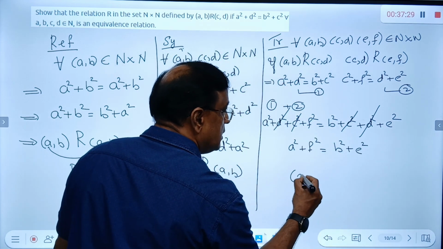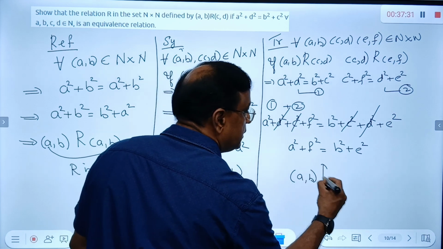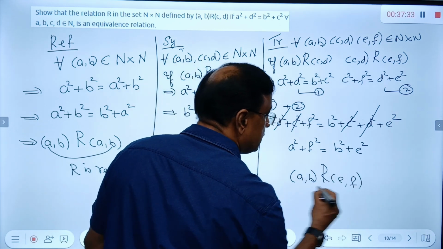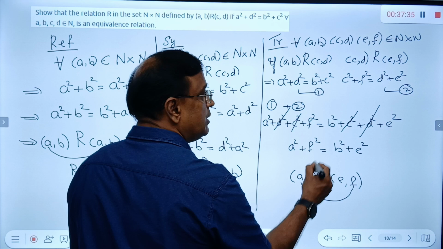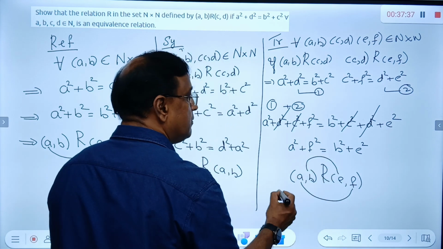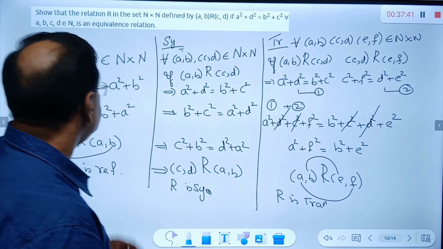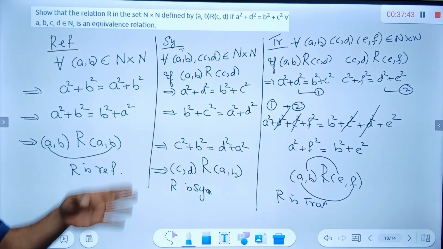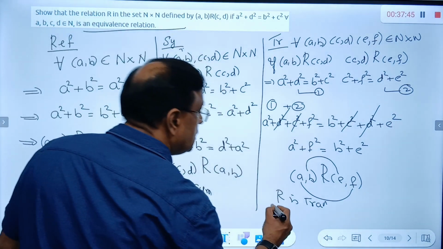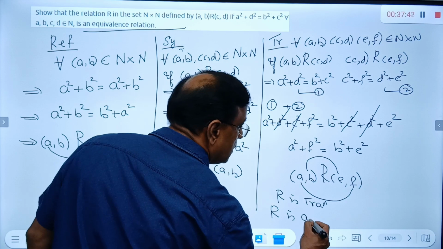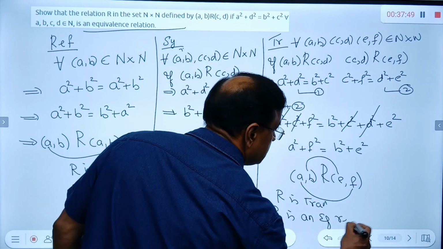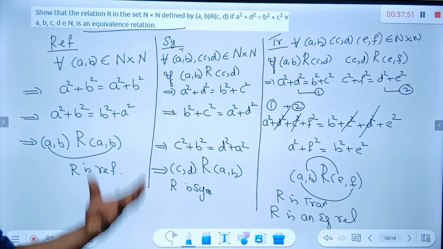Obviously this is (a, b) is related to (e, f). You can check it. Therefore R is transitive. Since R is reflexive, symmetric and transitive, what type of relation is it? R is an equivalence relation. Very, very simple.